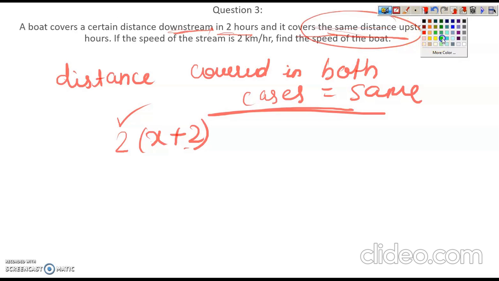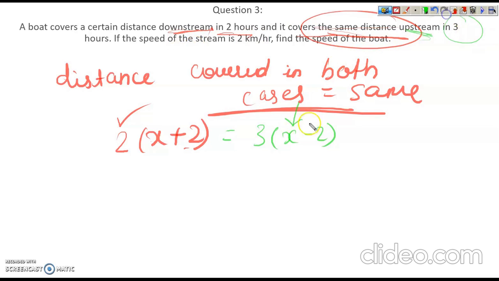And we will write here 3 times (x minus 2) because it is upstream. It was this, and in 3 hours found this. Now how we will solve it? You know that we will open the bracket and expand. 2x plus 4 is equal to 3x minus 6.